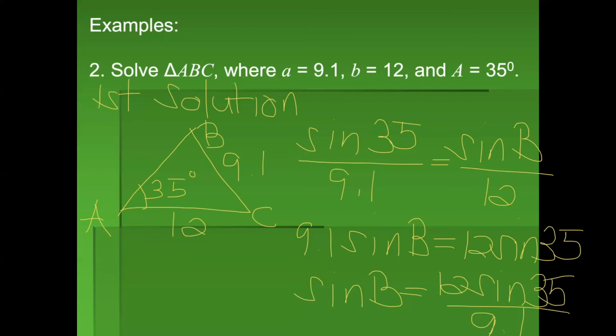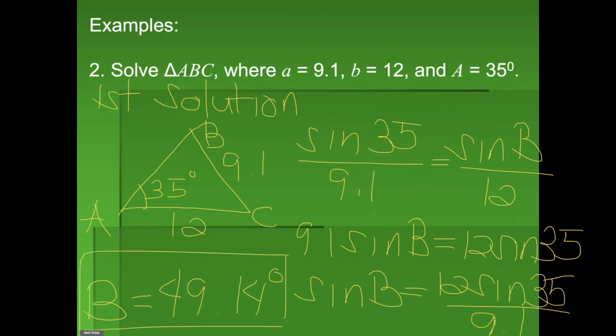So press shift sine, and then you press 12 sine 35 over 9.1. Doing that, we can say that B is equivalent to 49.14 degrees.